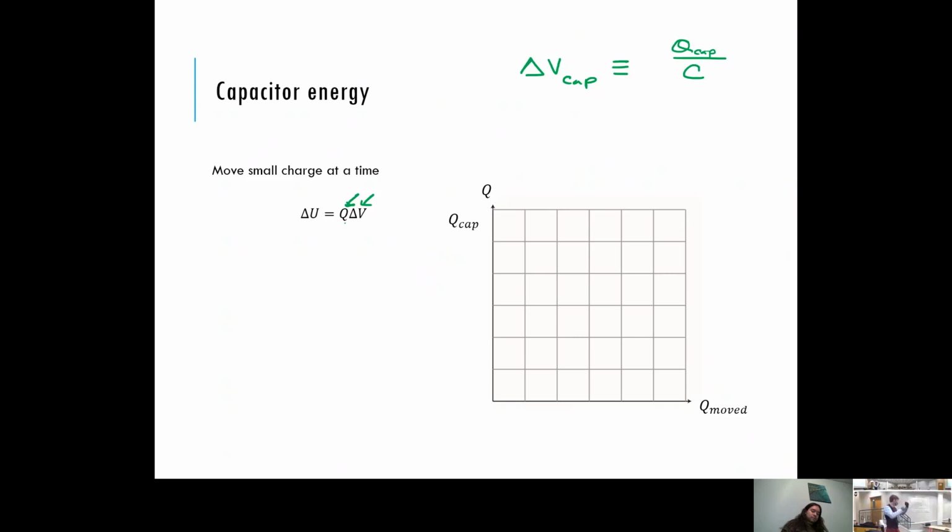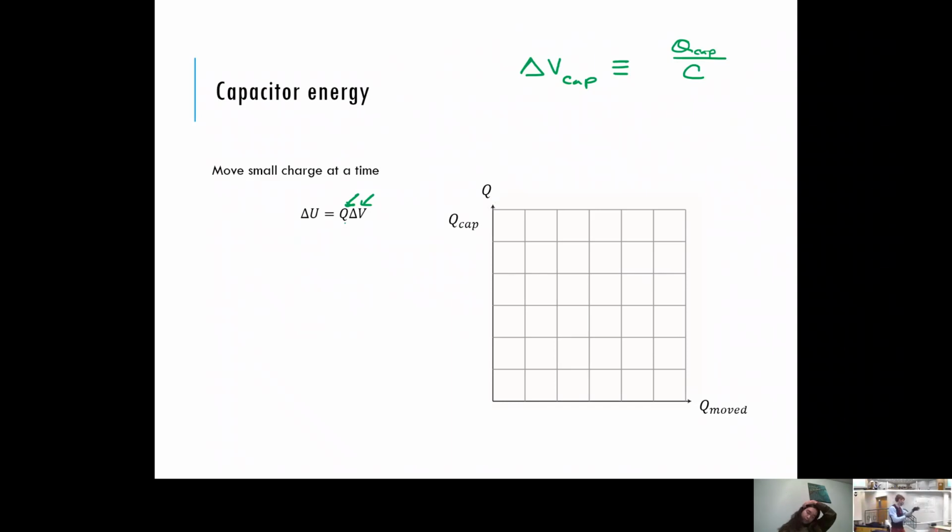I had to get the charges separated. So as I recombine the charges, in other words, I have fewer separated charges, what should happen to the electric field between the plates?